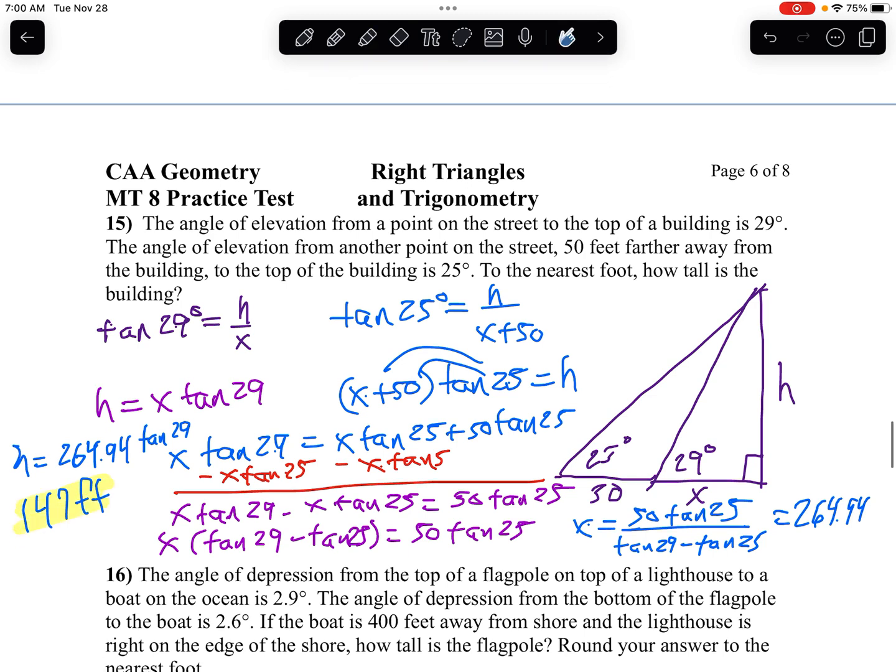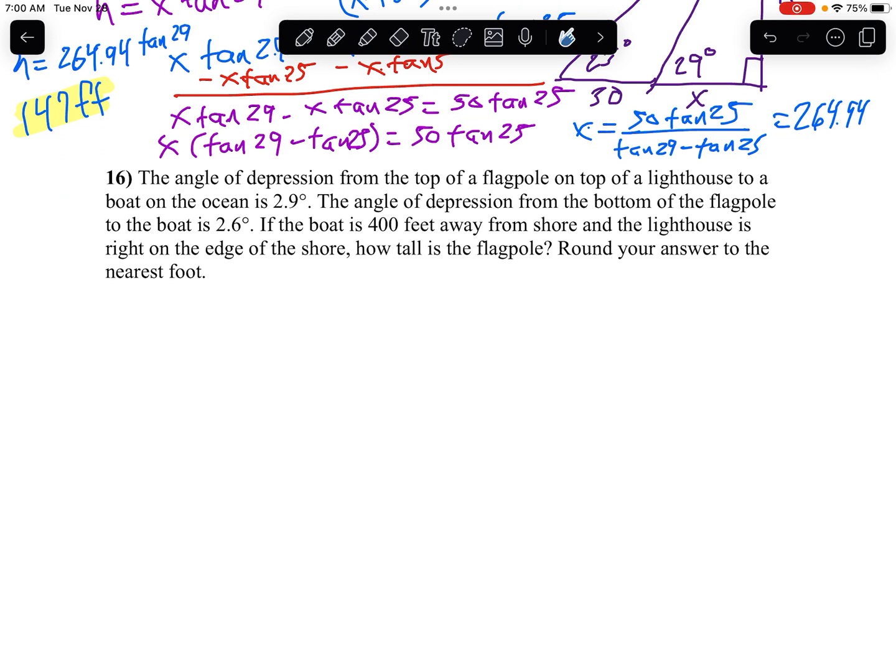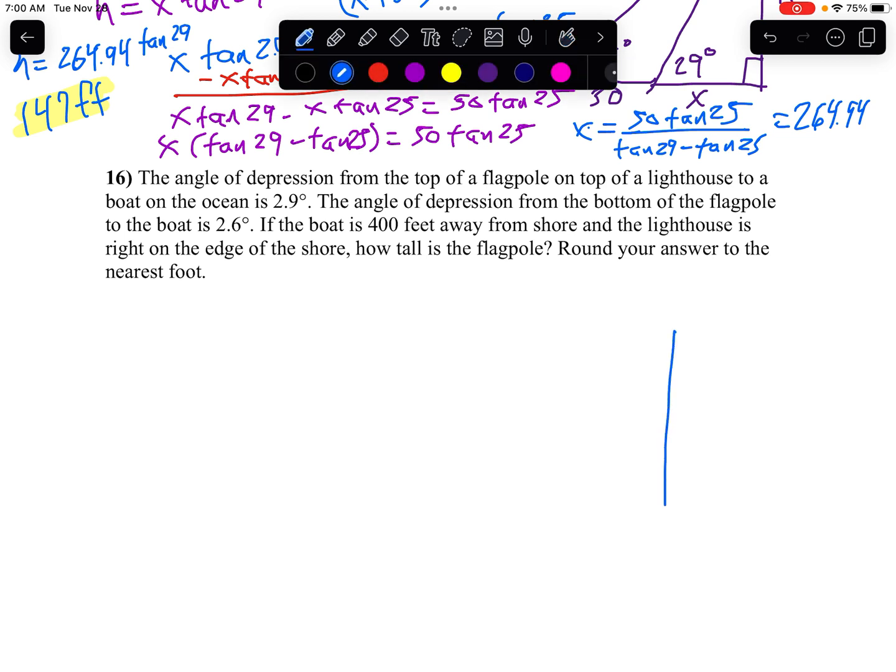I do believe 16 is the same thing, except we're looking at the angle of depression. It says the angle of depression from the top of a lighthouse to a flagpole, and this on top of a lighthouse. Okay, top of a flagpole. So in other words, here's my lighthouse, and then on top, I've got a flagpole. Okay, and I'm going to draw it down.